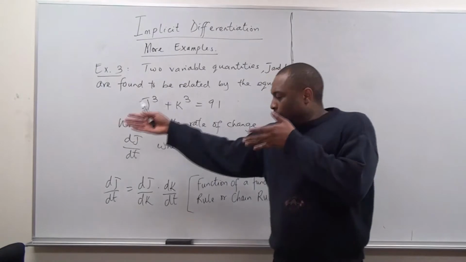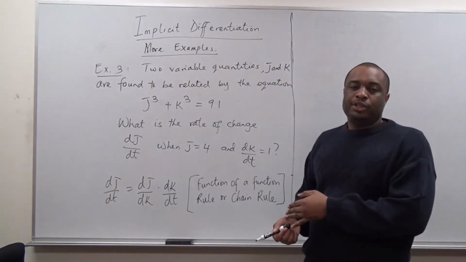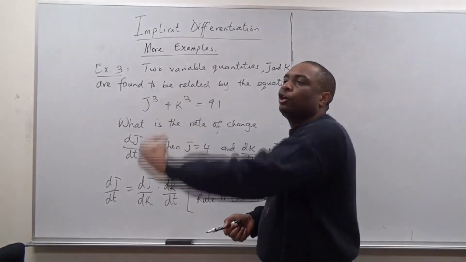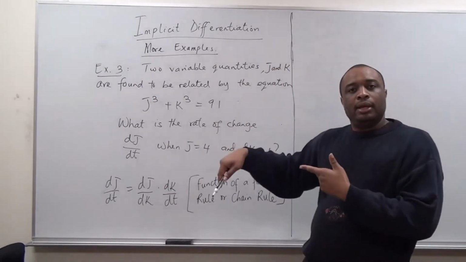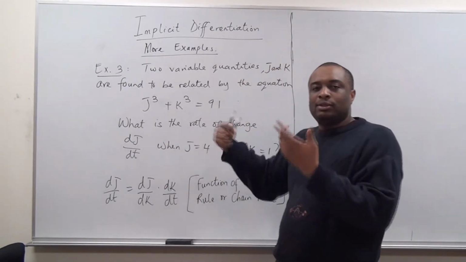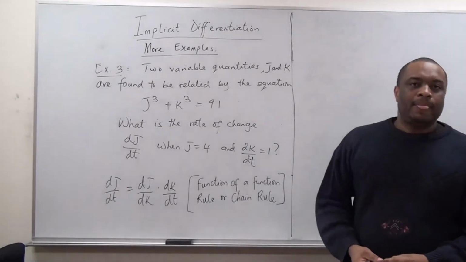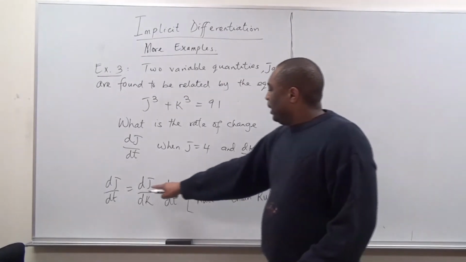Because we can't find j directly in terms of t, we have to find it as a function of a function. We have to find j as a function of k first. So that is why it's called function of a function rule. I talked about that in the previous videos as well.